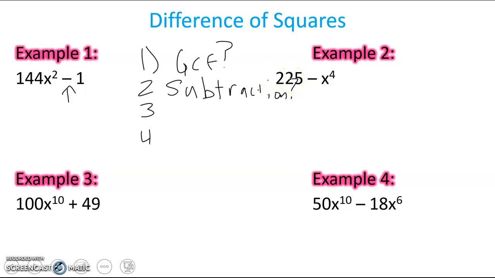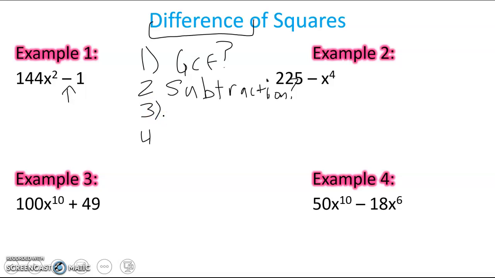It's all in the name there. Difference of squares. The difference means they need to be a difference, not a sum, just a difference of squares. So that's just subtraction. Now this is for difference of squares. When we get to doing cubes, we can do addition and subtraction.